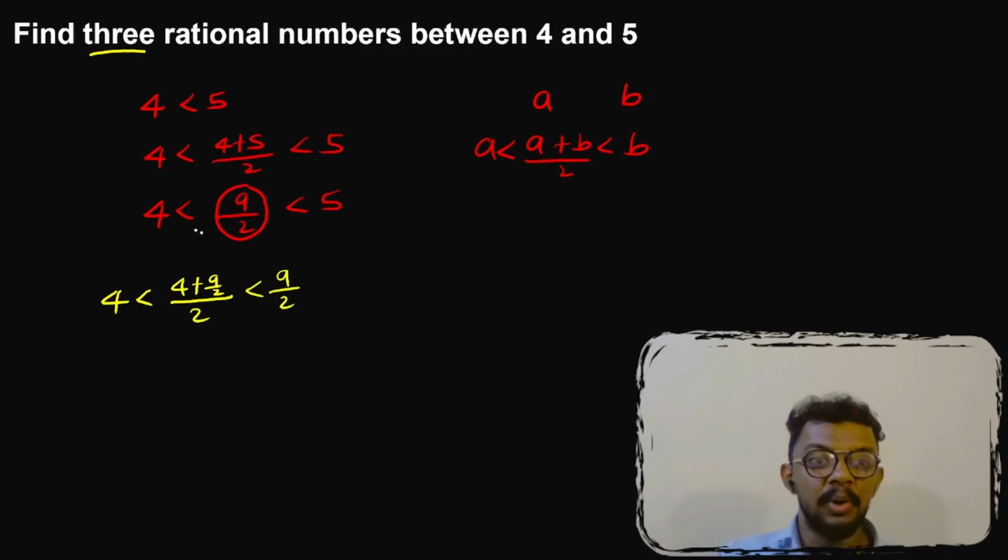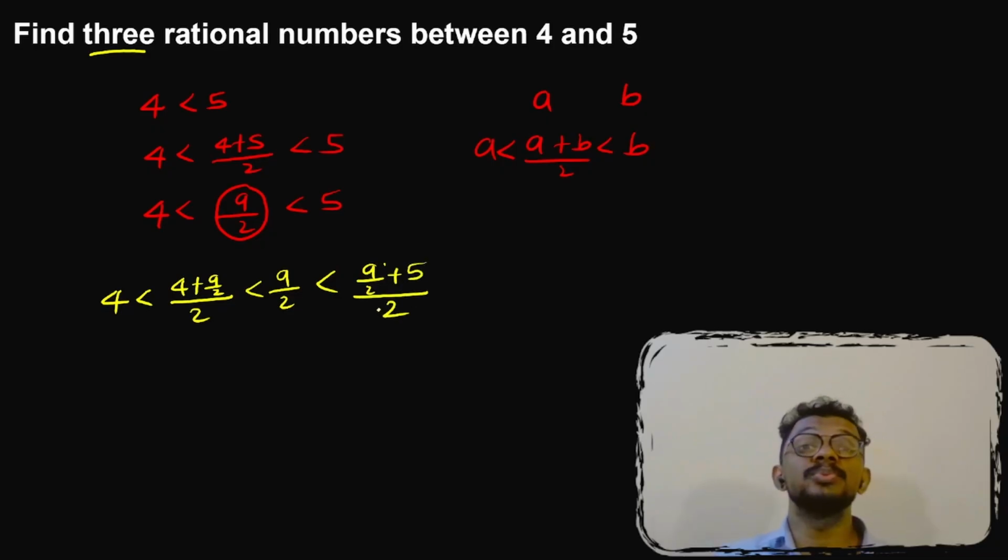I got one more between 4 and 9 by 2. Again, I need three of them, so between 9 by 2 and 5, I am finding a rational number. A plus B by 2 will be between A and B, so it will be 9 by 2 plus 5, all divided by 2, which is less than 5.